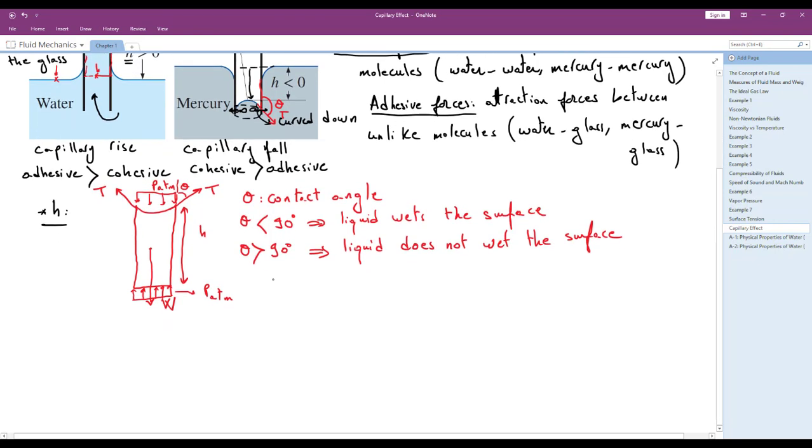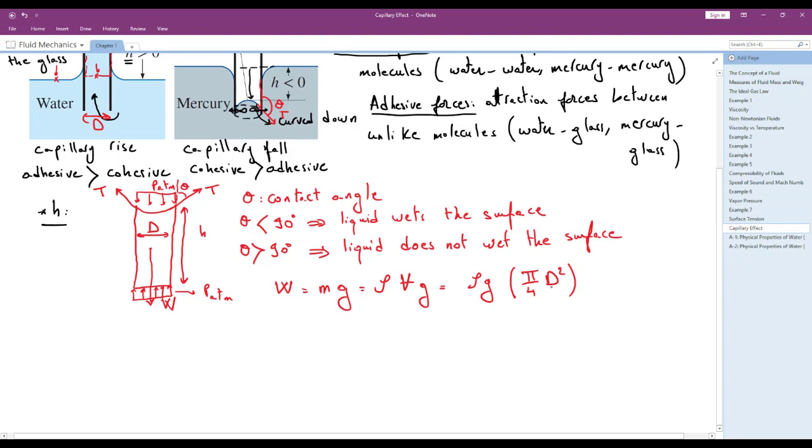So let's now calculate the weight. The weight is just the mass of the liquid column times gravity, and the mass is rho times volume. So we have rho g times the volume, which is pi over 4 d square times h, where d is the diameter of the tube.